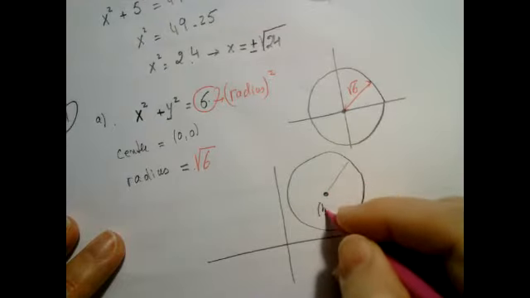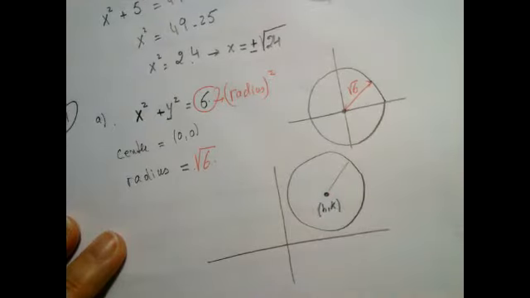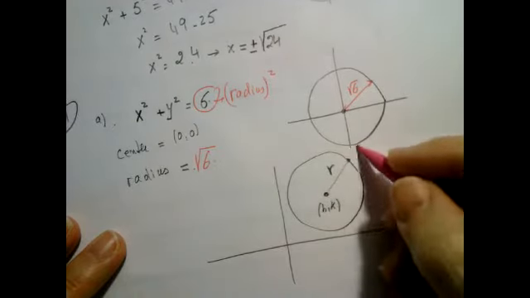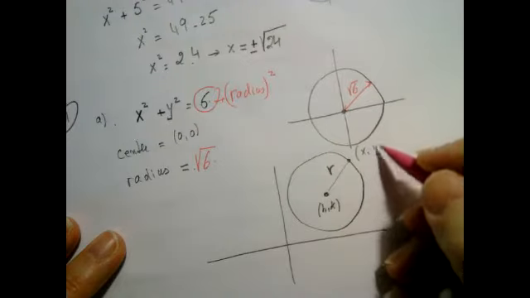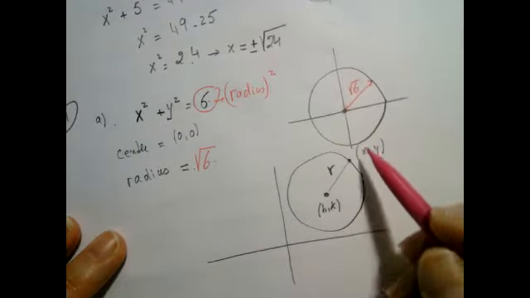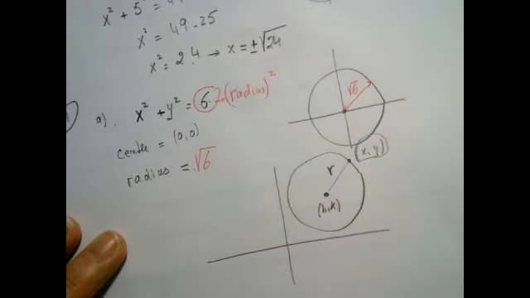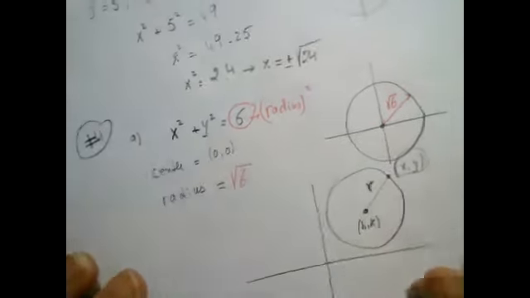We're going to usually call the center, let us say (h, k), and the radius r. So the question is, if I take a point on this new circle, what's the equation? What's the relationship that exists between the x and the y? So that's exactly what we're going to do.